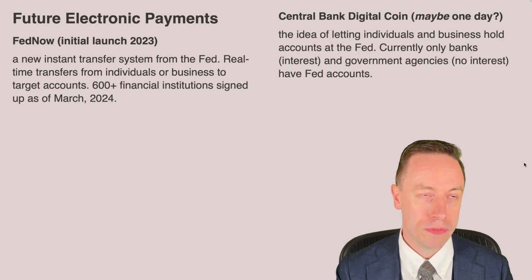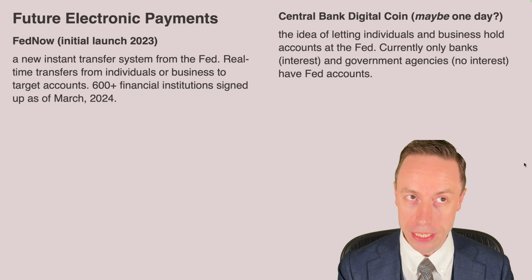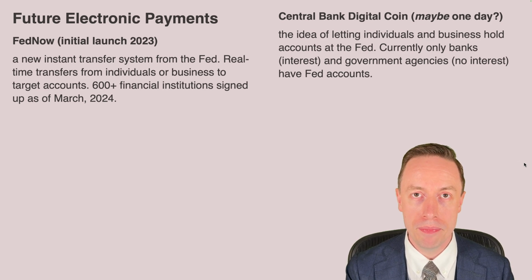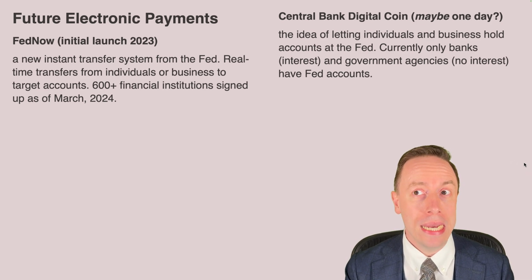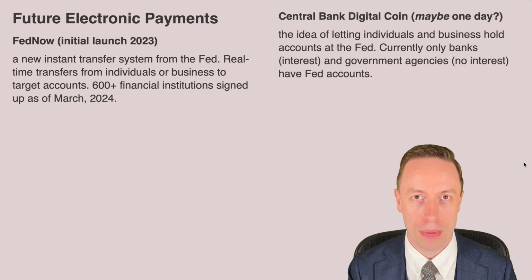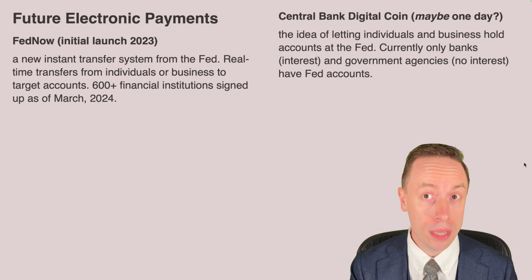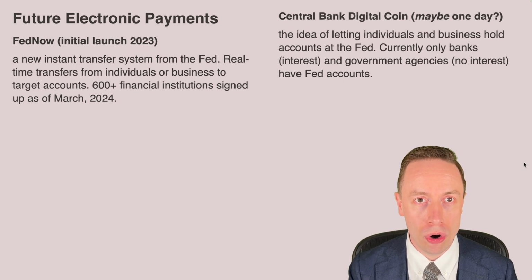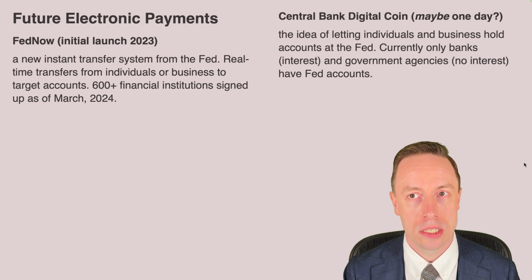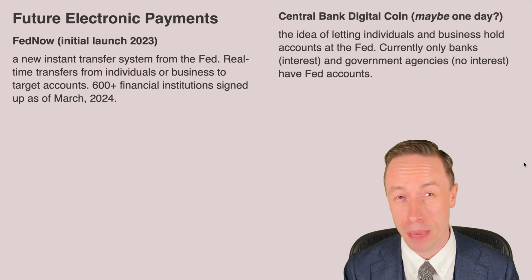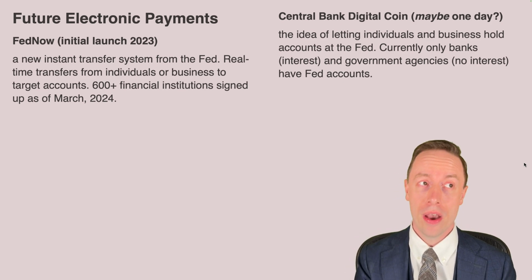As of the recording of this video, it just launched last year with an initial set of member institutions in 2023. But it's a brand new payment network that's separate from ACH. So ACH is very nice, but it's been around for decades, and even with all its reforms, is kind of slow. It's, if you're lucky, same day, but maybe more of a next day thing.